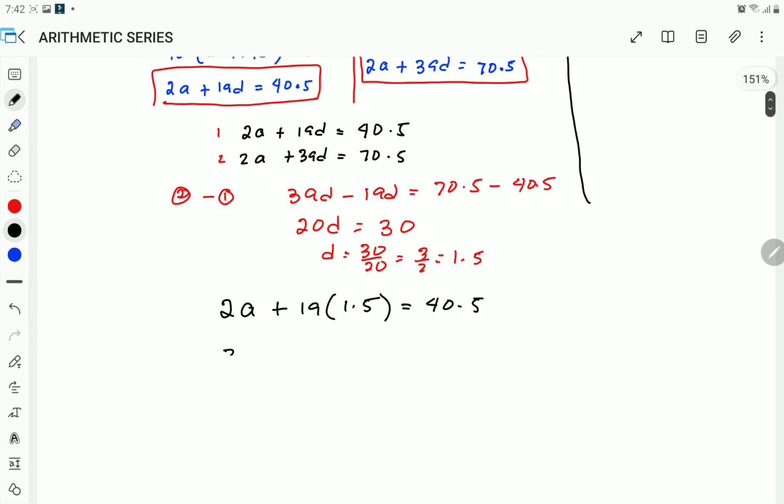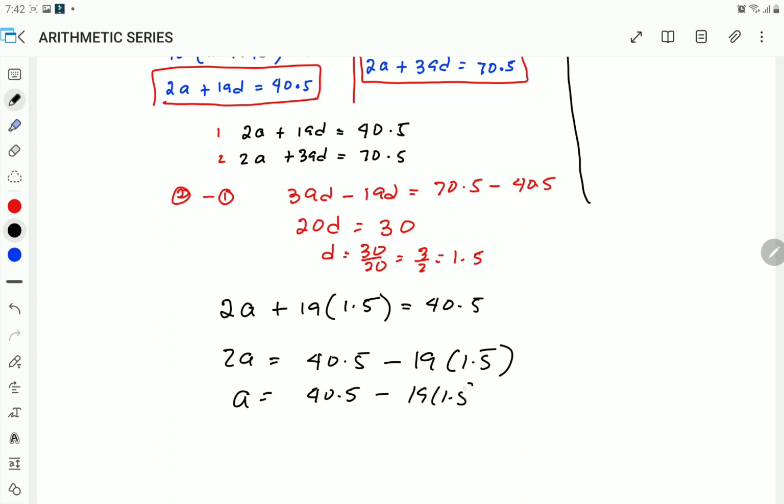So you have 2a is equal to 40.5 minus 19 times 1.5. Then a is equal to (40.5 minus 19 times 1.5) divided by 2.